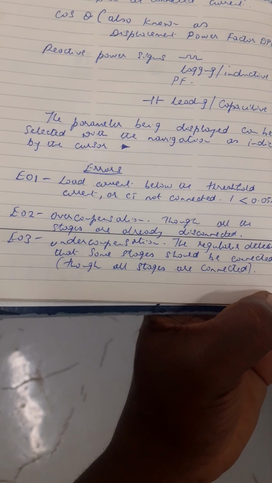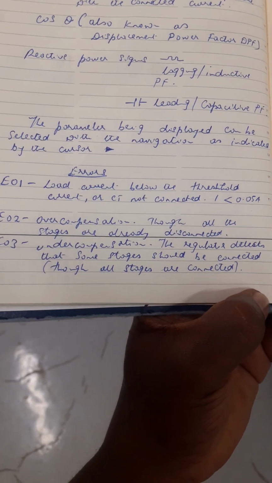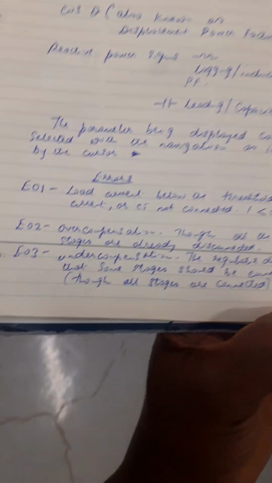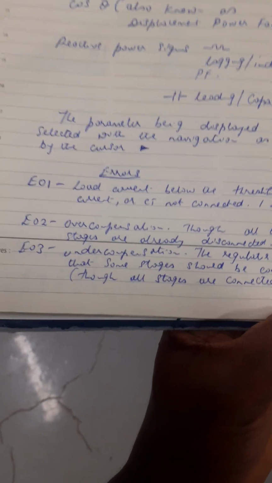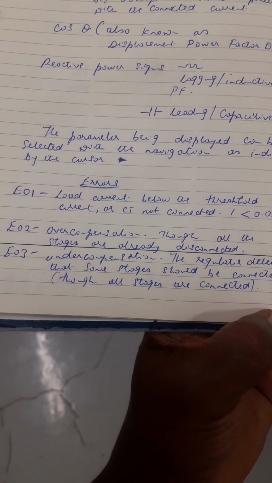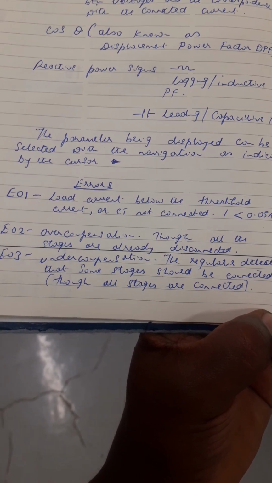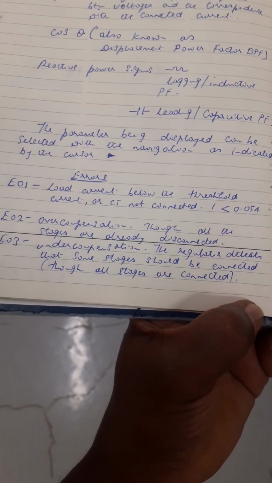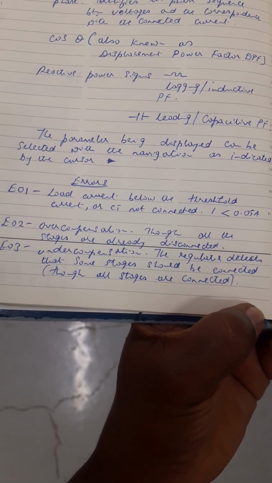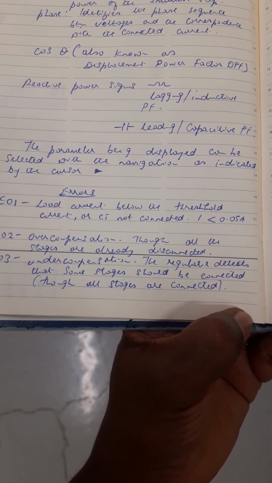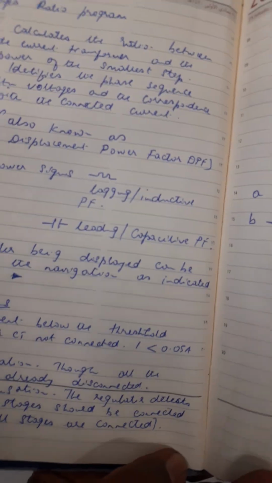E02 is overcompensation, although the stages are already disconnected. Overcompensation is showing the capacitors are overconnected, but in real sense they are not connected. Under compensation, on the other hand, will detect that they are disconnected, although they are connected.